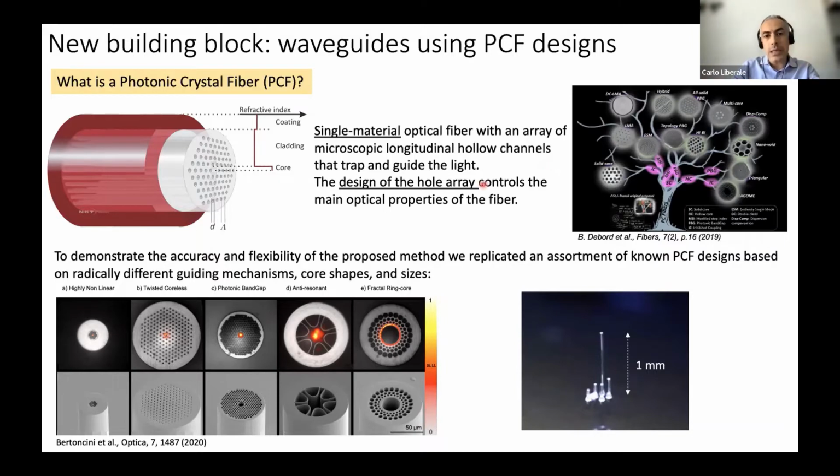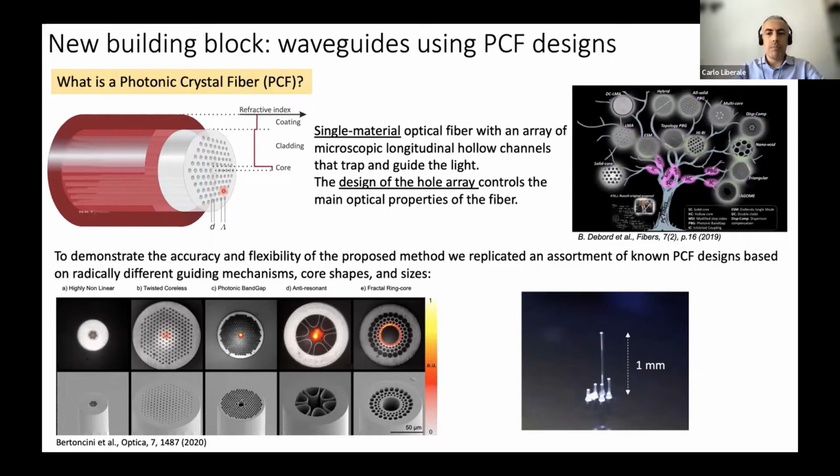And the interesting thing is that you can control these properties by designing this pattern of holes in the fiber. So this is a very powerful geometrical handle by which you can control them.